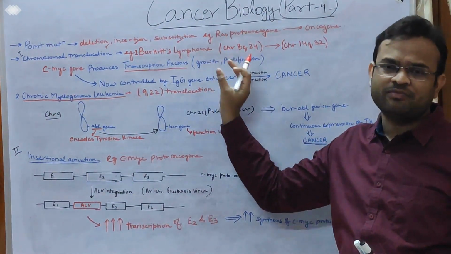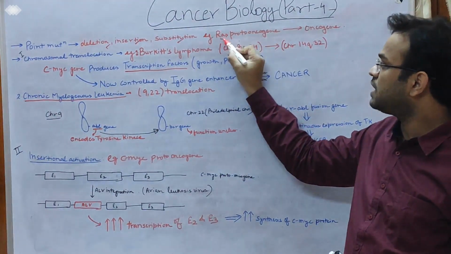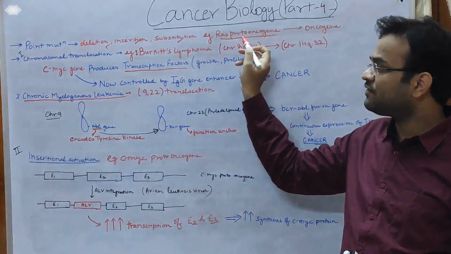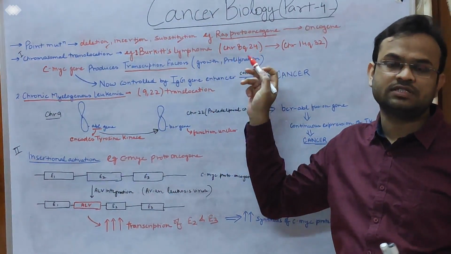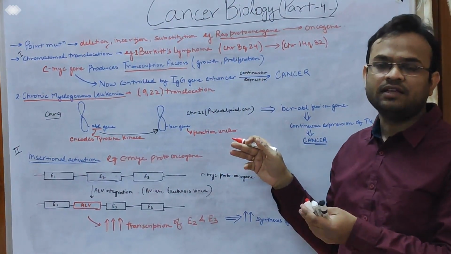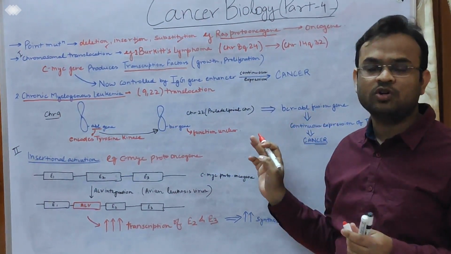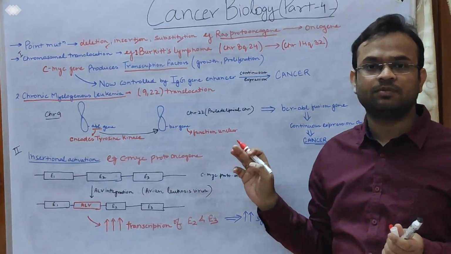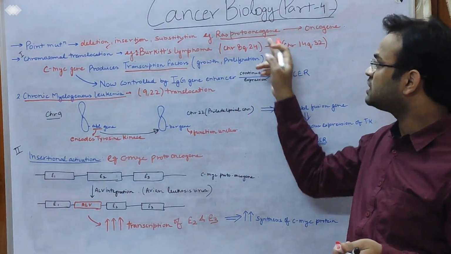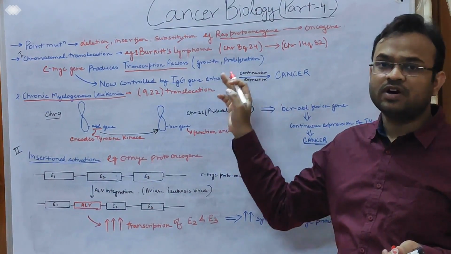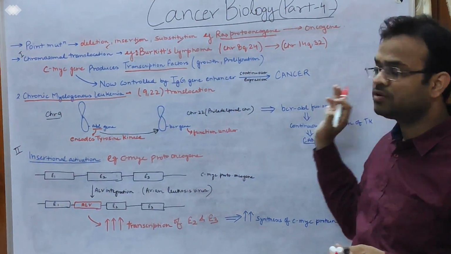Now these kinds of point mutations generally take place in RAS proto-oncogenes. Such point mutations occur and these RAS proto-oncogenes convert into oncogenes and thus cause cancer. So this is what we had to say about point mutations. We just have to remember that point mutations generally occur in RAS proto-oncogenes, which convert them into oncogenes, thus leading to cancer. Okay.